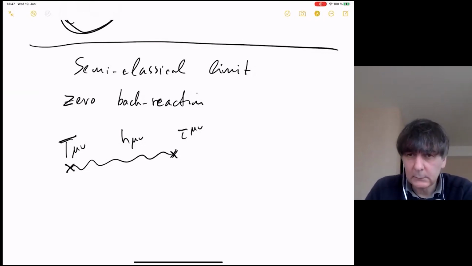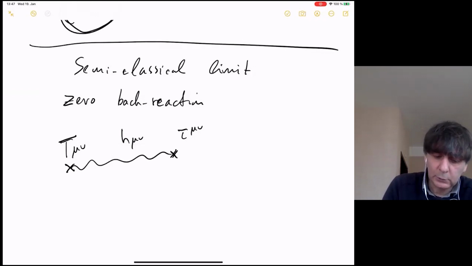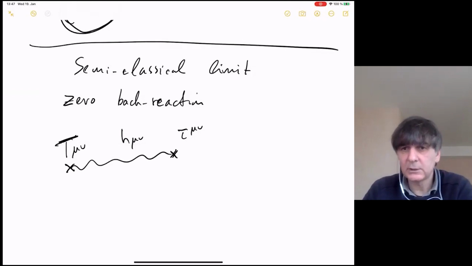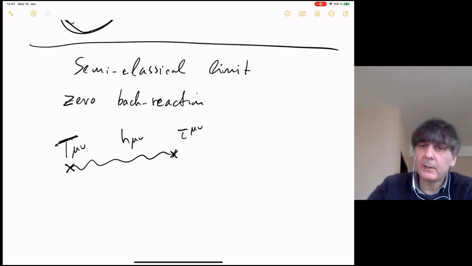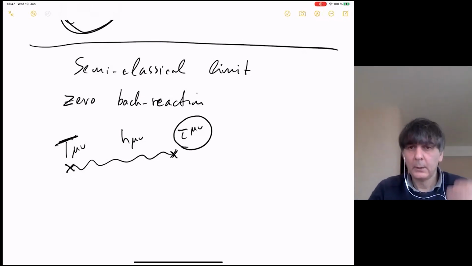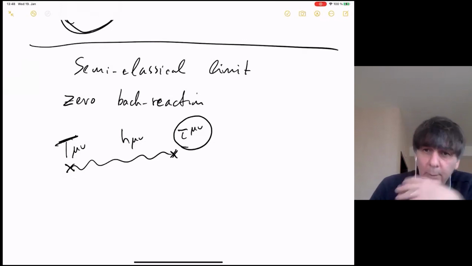Now, of course, since nothing is classical in nature, the source T mu nu, as well as the gravitational field that it produces, are at the end of the day quantum states. And because of this, they experience a quantum back reaction from a particle that moves in the background gravitational field. Despite this fact, there is a well-defined limit in which this back reaction can be completely ignored.